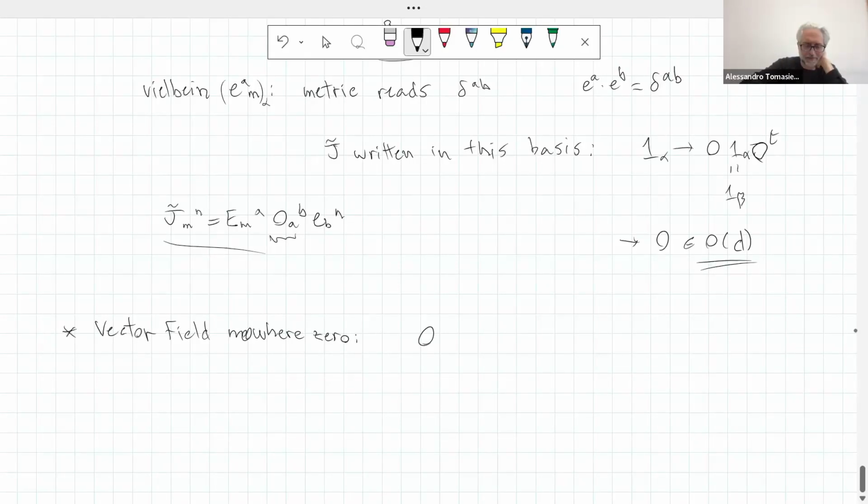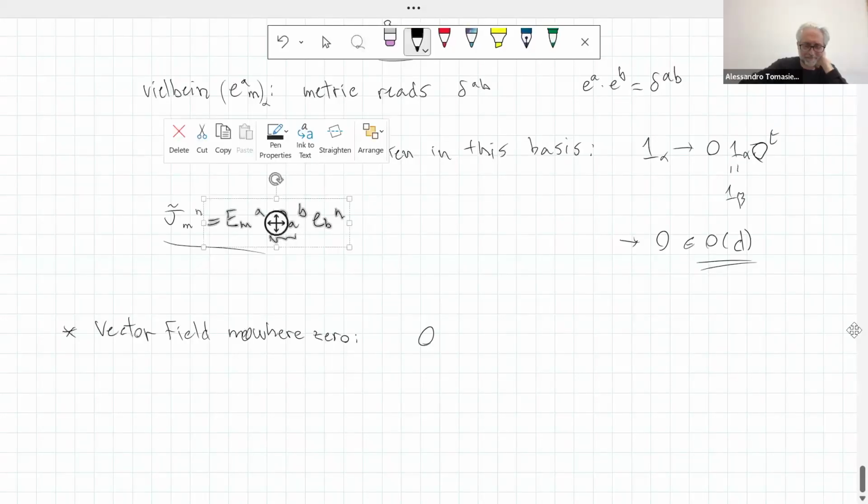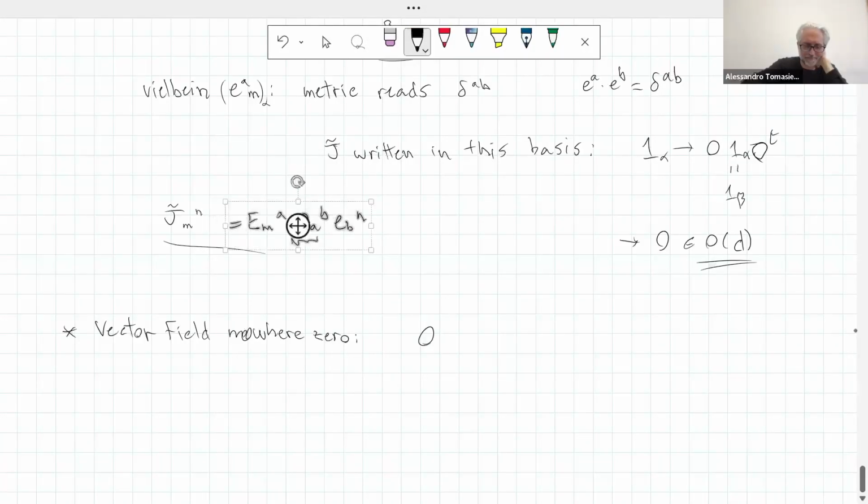So let me see. Is the formula more complicated? But also clearer.